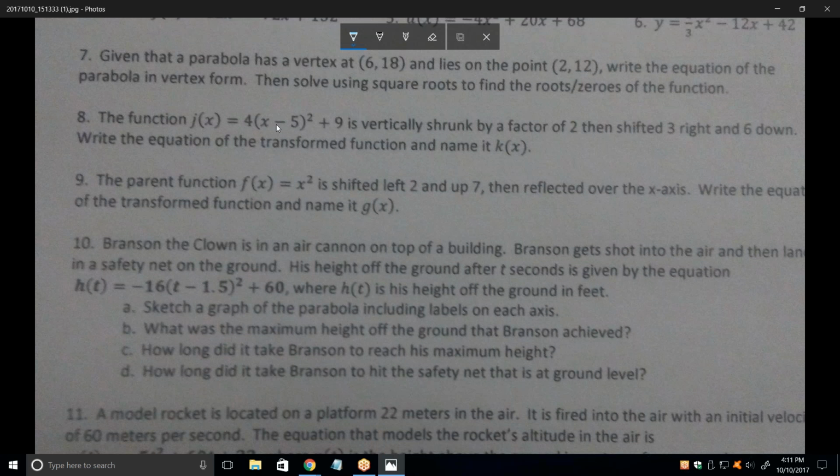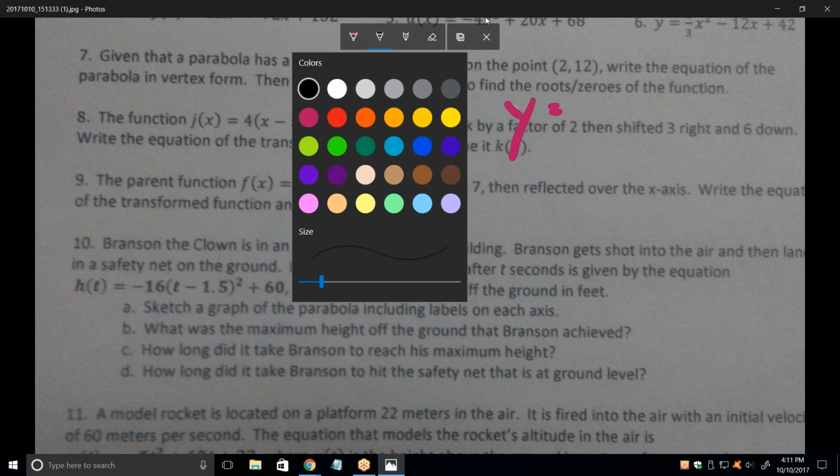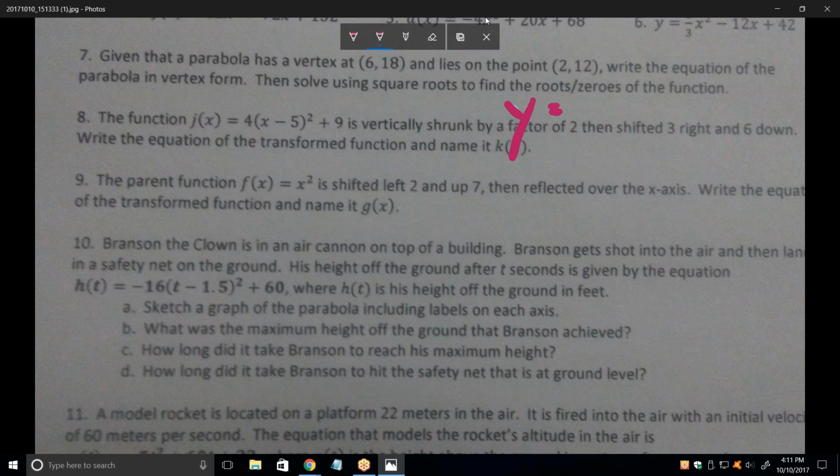Give me the equation in vertex format. Hold on a second. What's the vertex format?